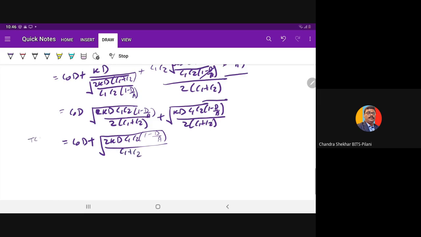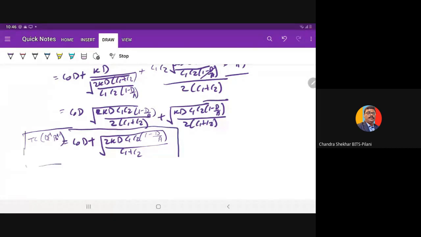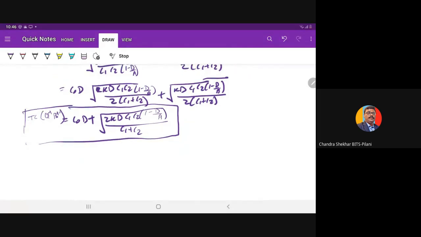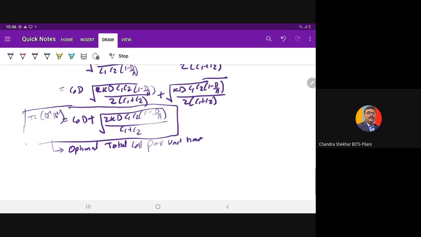That is our TCU Q star B star. That is the value of the optimal cost, the optimal total cost per unit time.